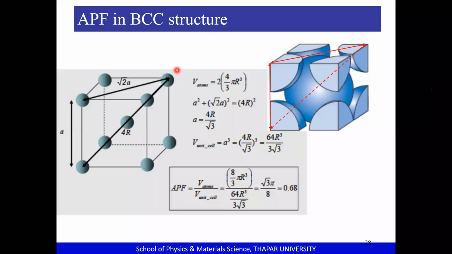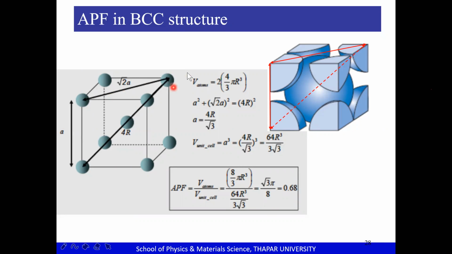So now if I focus on this particular triangle, the one marked by the laser pointer, I am starting from this lower corner atom, moving to the top, then along the face diagonal, and then coming back along the body diagonal.